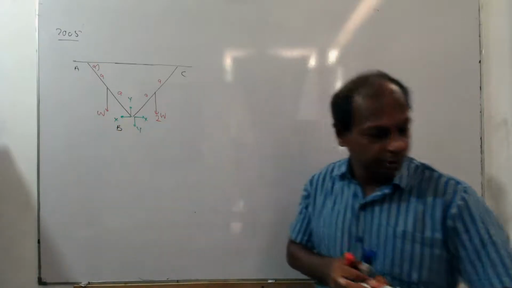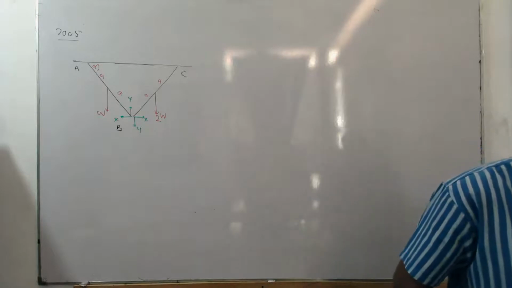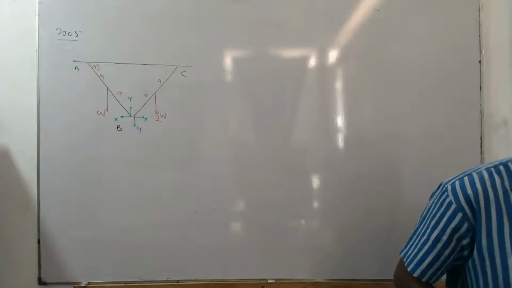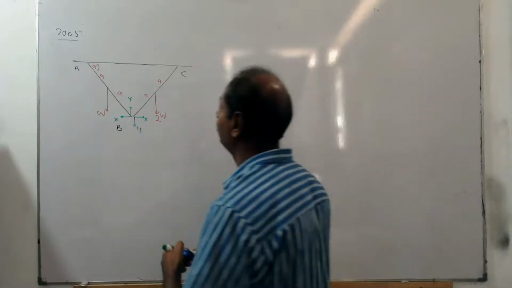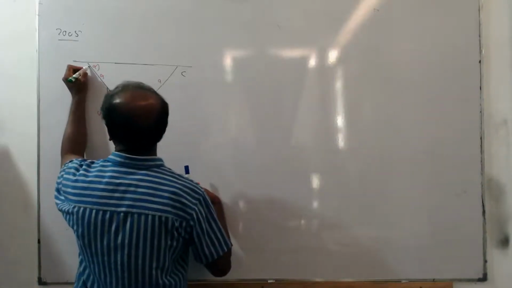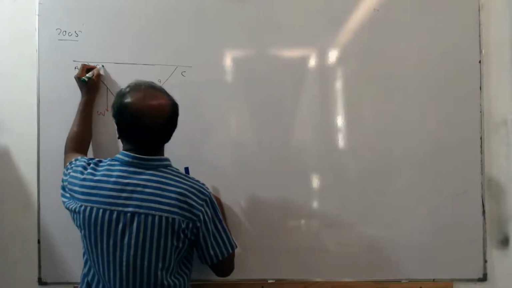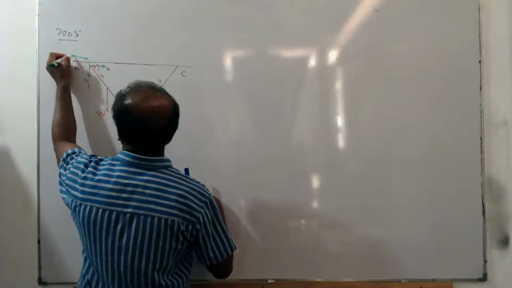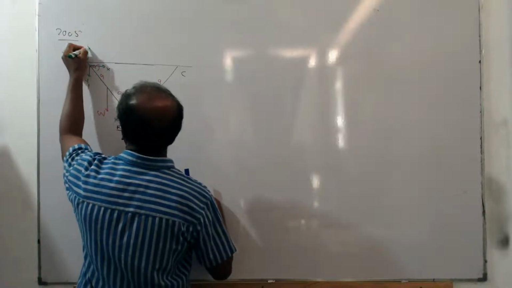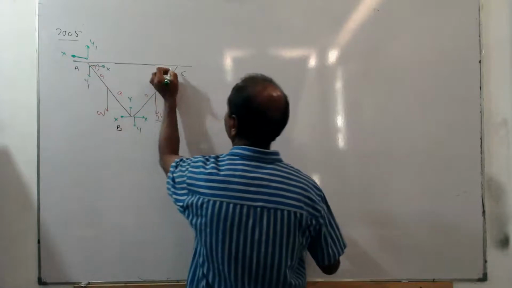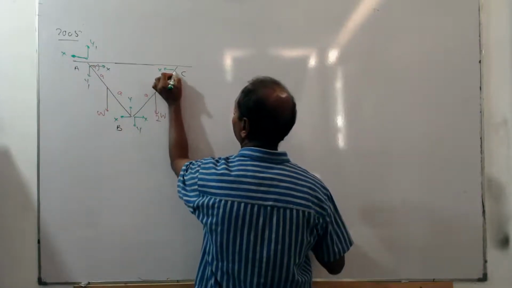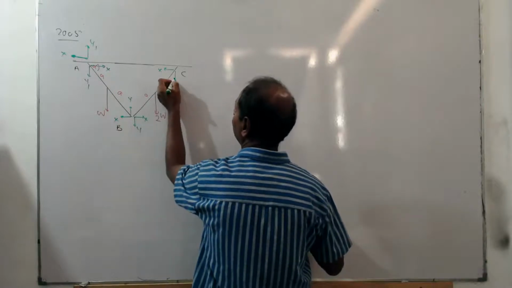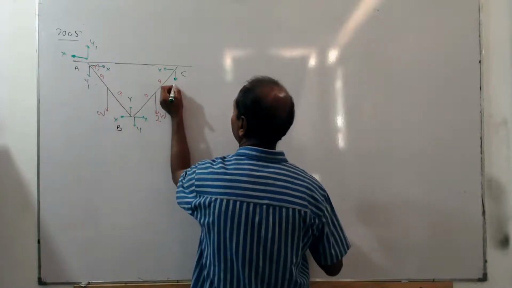At A and C, do we need to mark the reactions? Yes. We have to mark the reactions at these points. Here, X and Y1. At this point, on the other side, X and Y1. It has to be the same X here. But you can't say the same Y1 because it's not symmetric. W and 2W, not symmetric. This can be some other Y2.